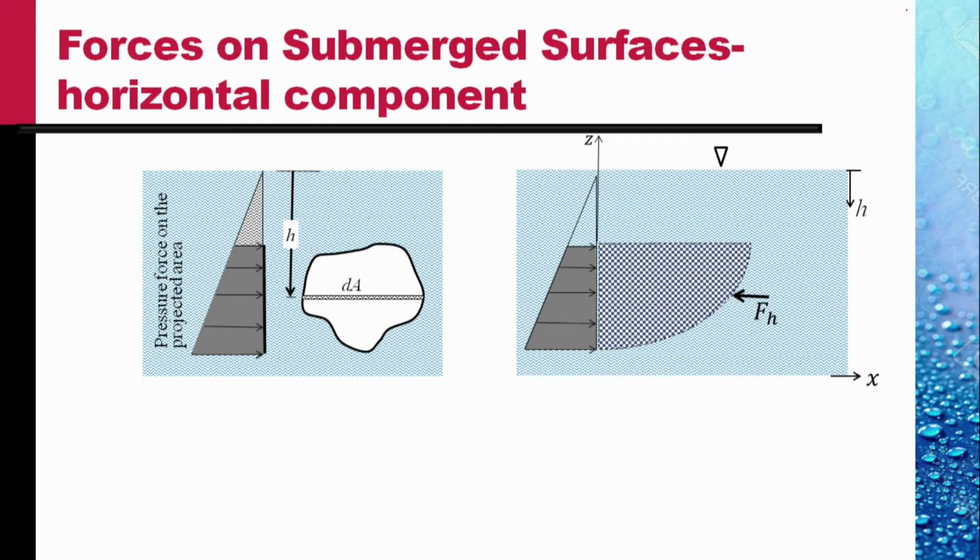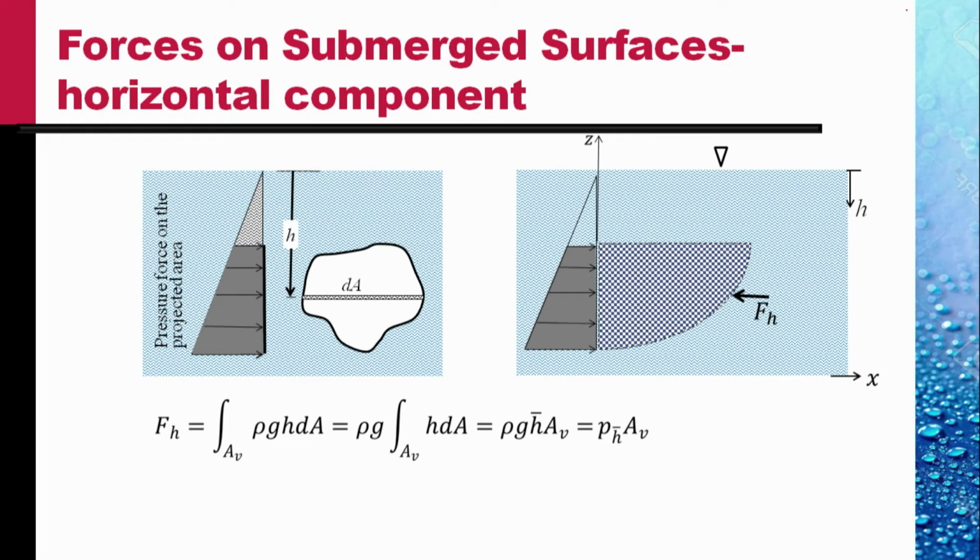We can find the total force by integrating this over dA, and so we get the horizontal force as P_h-bar times A_V, where P_h-bar is the pressure at the centroid of the projected area and A_V is the vertically projected area.